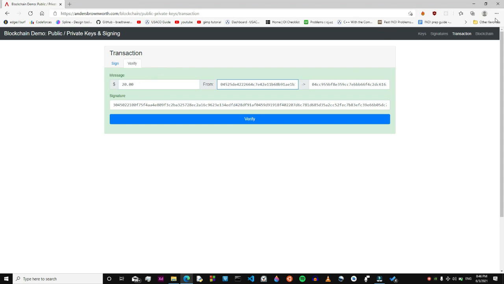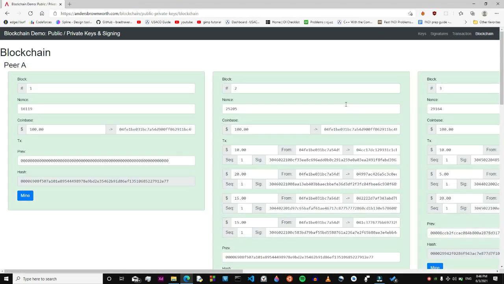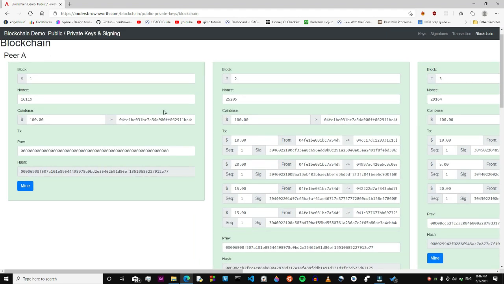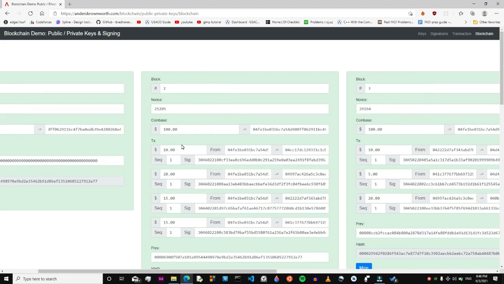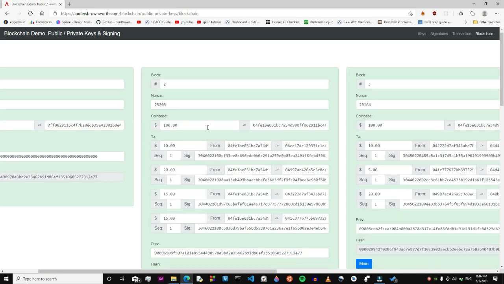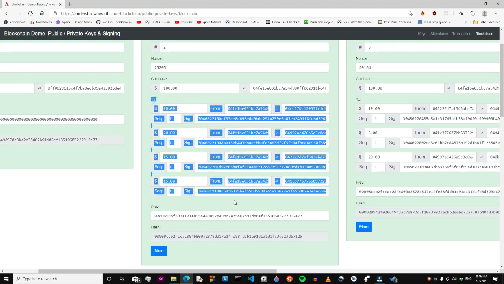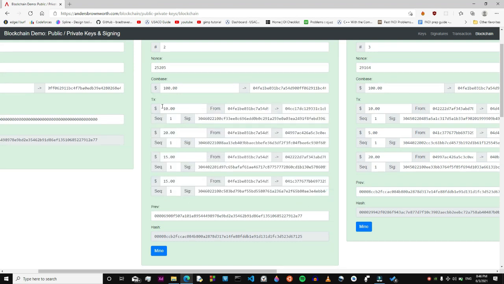So let us take a basic look at the blockchain structure. So yeah, this is block number one, this is the nonce, and this is block number 2, and these are the transactions. So yeah, this is saying that $10 from this specific public key to this specific public key.